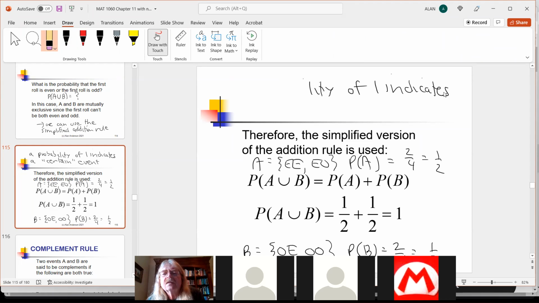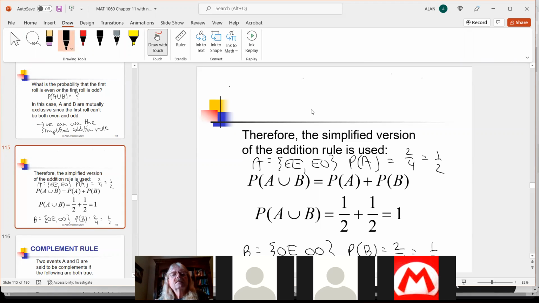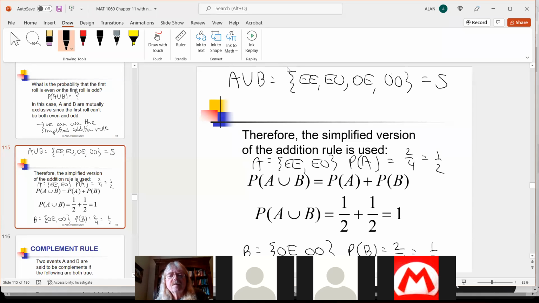Just as a quick reminder, the union of A and B, when we put these together, EE, EO, OE, and OO, is just the sample space. And by definition, the sample space has a probability of 1. So therefore, the final result has to be 1.